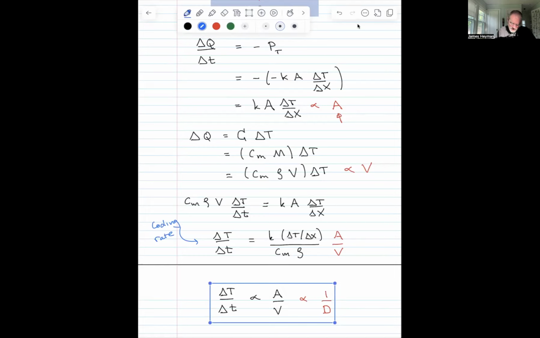There, we've done it. We've found the scaling law for cooling. And what have we found? We found that the smaller D is, the larger 1 over D is. In other words, the smaller the object is, the larger 1 over D is, and so the faster the cooling rate will be.